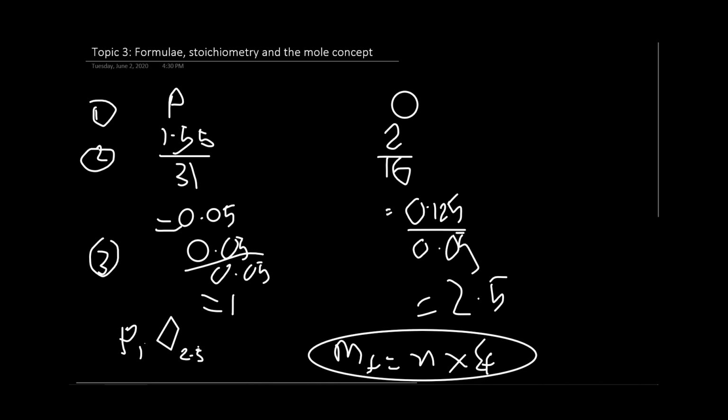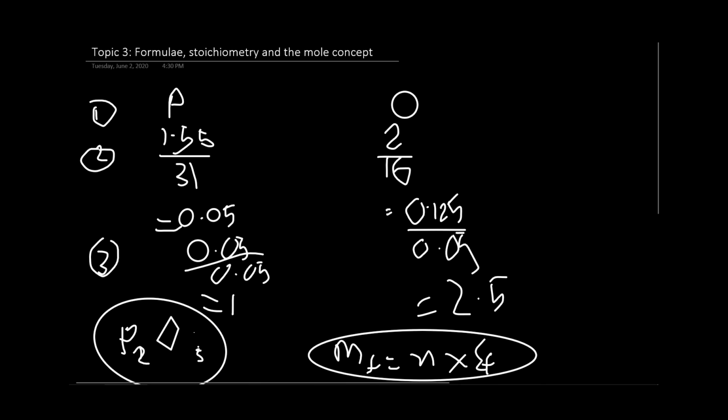We do not prefer putting decimals or fractional values as a subscript of any element. So we'll multiply the entire thing by 2 so as to remove the fraction here. So we'll be getting P2 and O5, right?